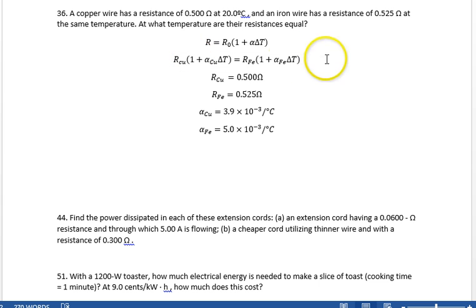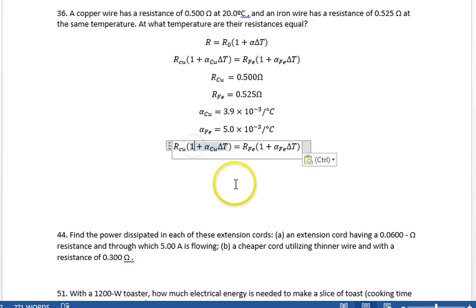If we manipulate this equation to isolate delta T, we start by multiplying through our copper and our iron. I'm just going to start by copying everything and then make the manipulations. We multiply through the R copper, and we end up with R copper plus R copper times alpha for copper times delta T on one side.